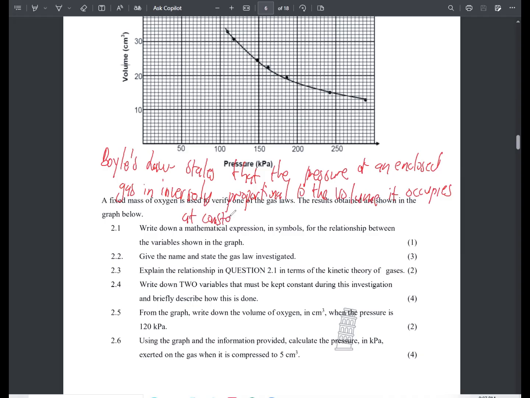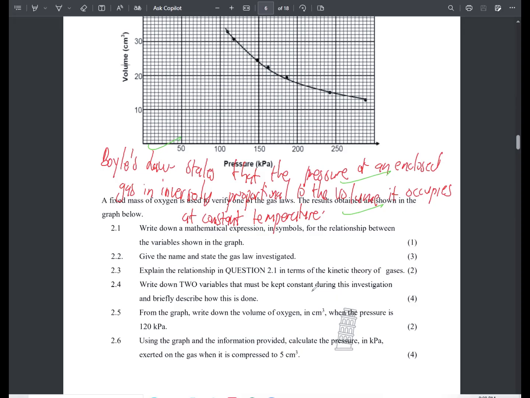Very important for you to even mention that control variable, at constant temperature, right? So obviously you're going to earn yourself a mark for saying Boyle's law and then earn yourself an extra 2 marks for having to define that.